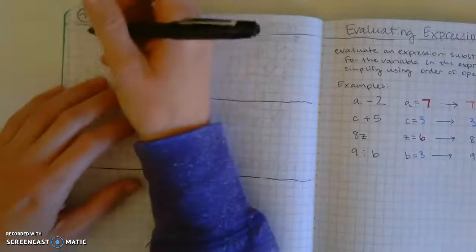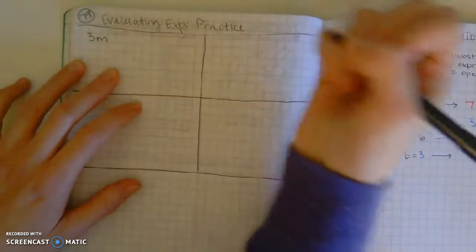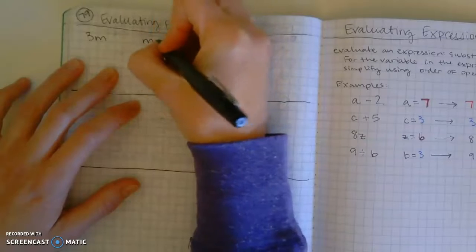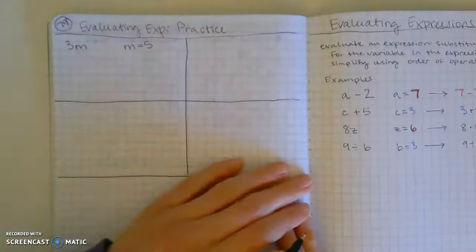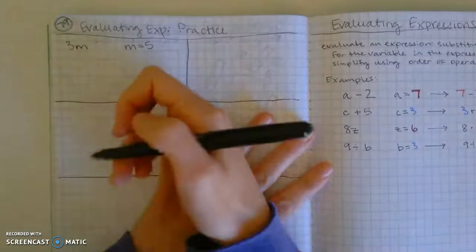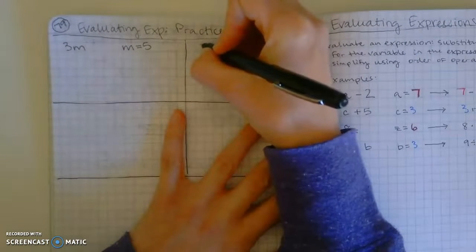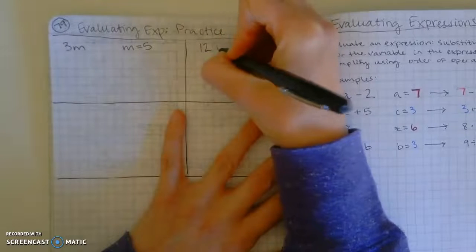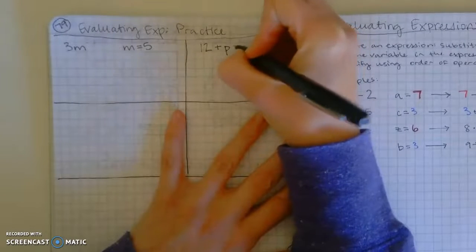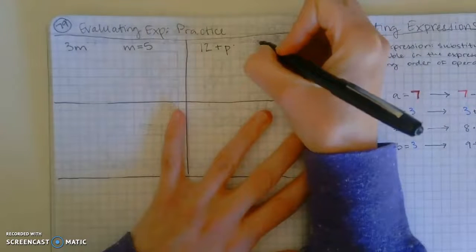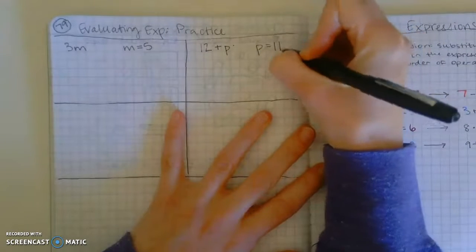Okay, so for our first one, let's do 3m, and m equals 5. For our second one, let's do 12 plus p, and we'll say that p is equal to 11.